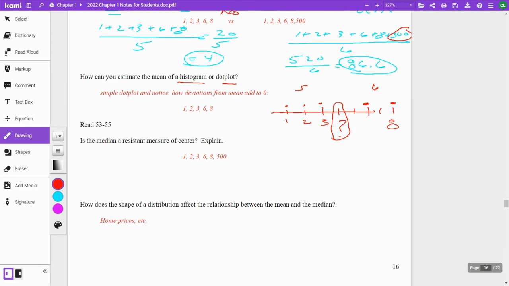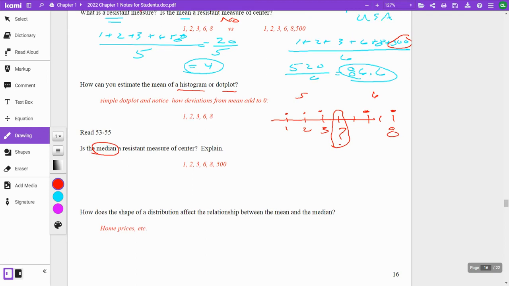So now we're asking about median. So we look at this up here, back up here. When we're looking at average, or mean is what we call it, we're adding things up and we're dividing by 5. So we're doing a numerical calculation.